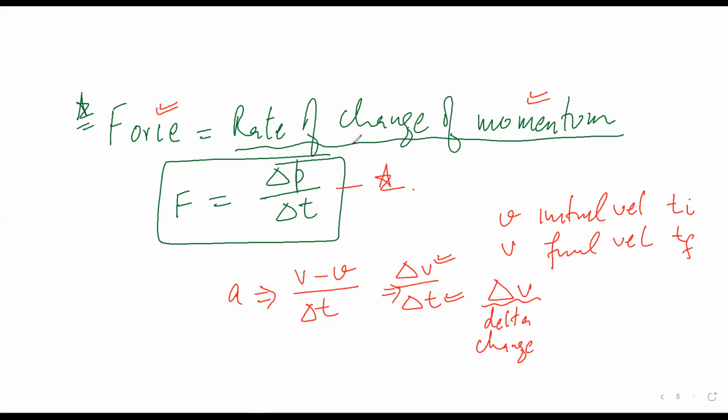And in physics, whenever you see the denominator as delta t, it will always be a rate of change. Have you understood what I said? So, for example, if I say that force is rate of change of momentum, then there will be a delta t in the denominator.